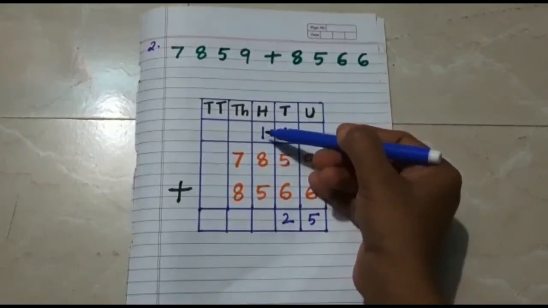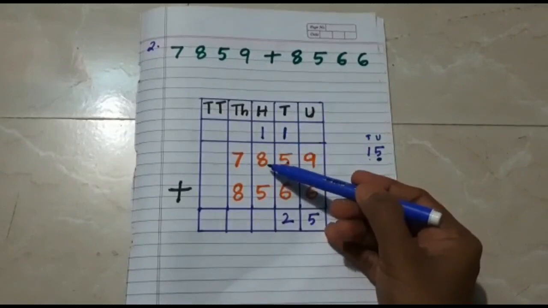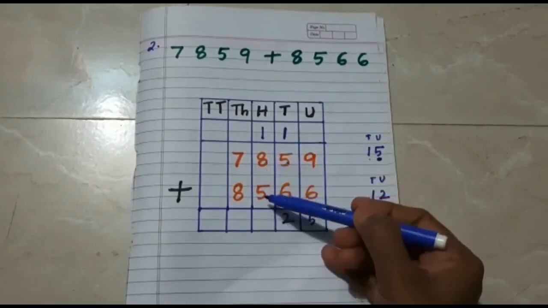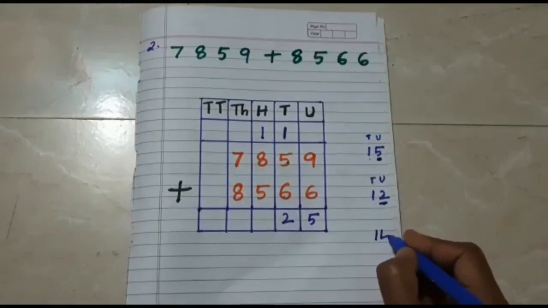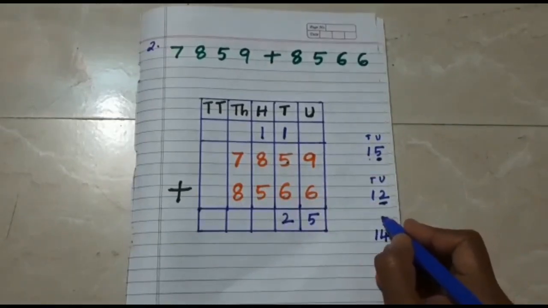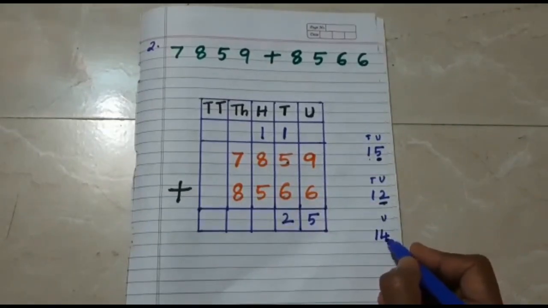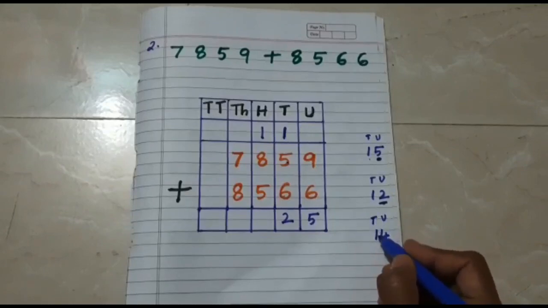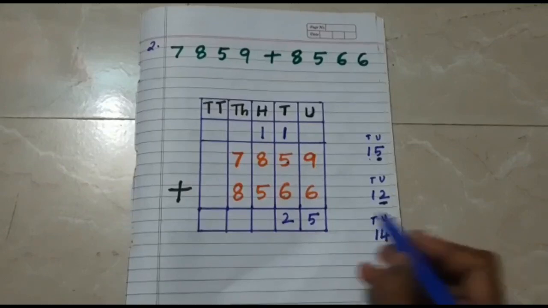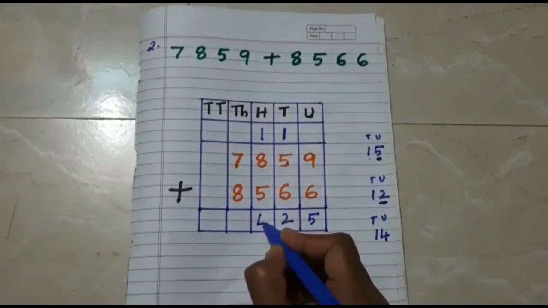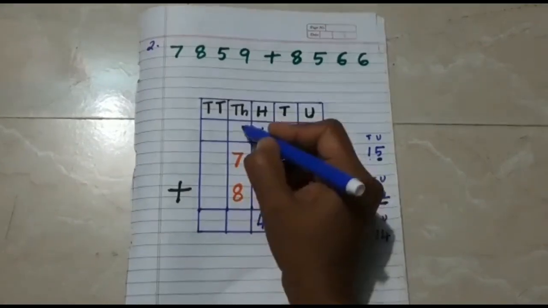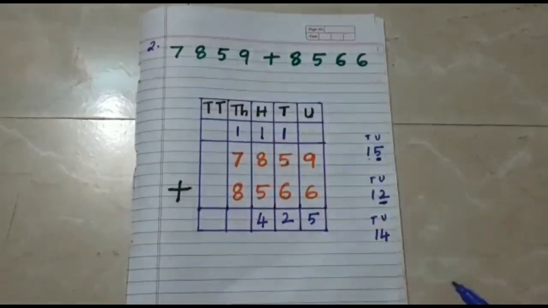hundreds place. 1 plus 8 is 9 and 9 plus 5 is 14. So we got 14 here. Again in this, the place value of 4 is units and the place value of 1 is tens. So we will write here 4, carry 1.